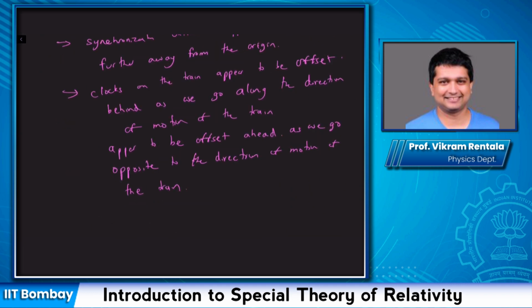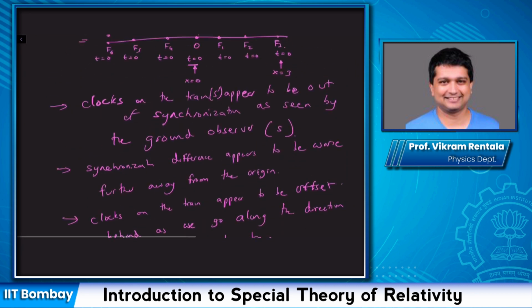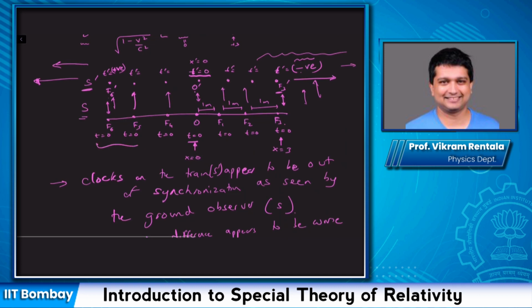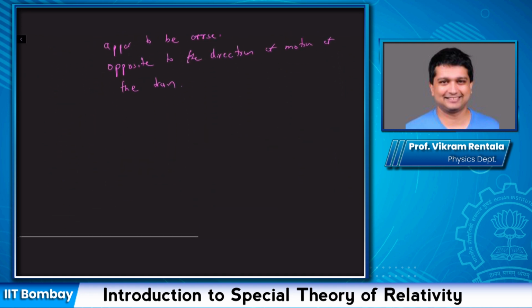Now, what about the rate at which these clocks tick? This only tells us that at an instant of time, t equals 0, as seen by the ground observers, the clocks on the train appear to be out of sync. But what is the rate at which the clocks on the train appear to tick? Well, that is a different question.